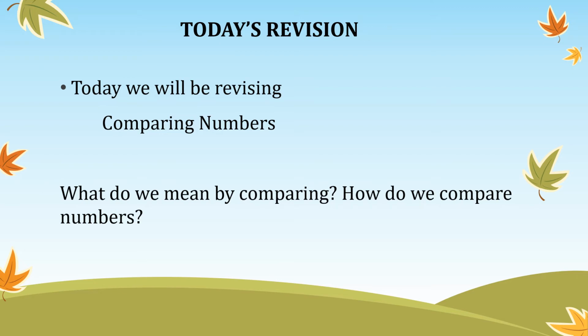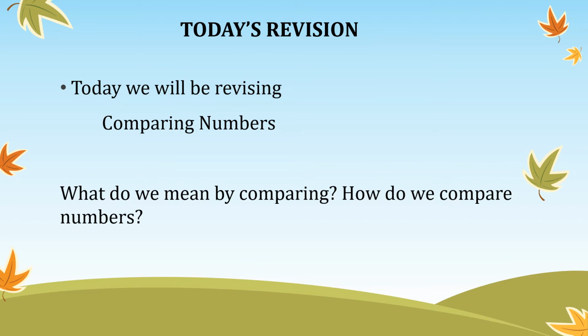So what do we mean by comparing, or how do we compare numbers? In mathematics, numbers are compared on the basis of their place values. जो उनकी वैल्यूज होती है, उससे हम कंपेयर करते हैं नंबर्स को। Ones पे, tens पे, hundreds पे नंबर्स हम देखते हैं and we compare like that.